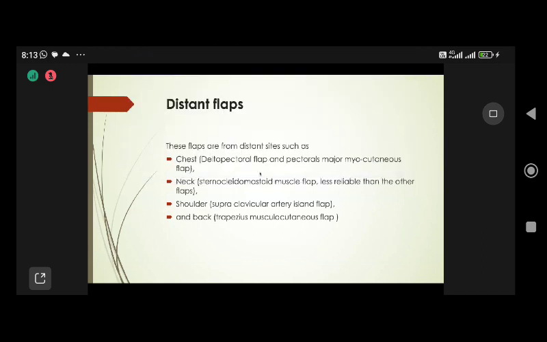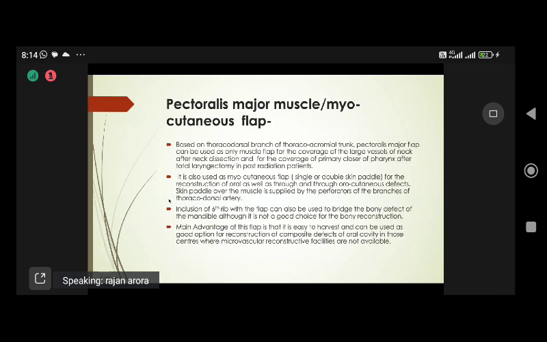Then from shoulder, we can raise supraclavicular artery island flap, and from the back, we can harvest trapezius musculocutaneous flap. Now, one by one, this pectoralis major muscle or myocutaneous flap is a workhorse flap, and every reconstructive surgeon and oncosurgeon must know how to do it.